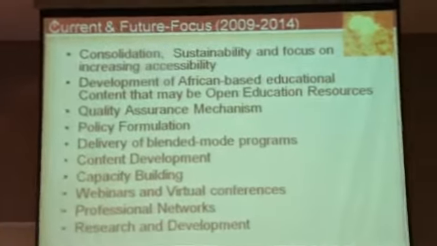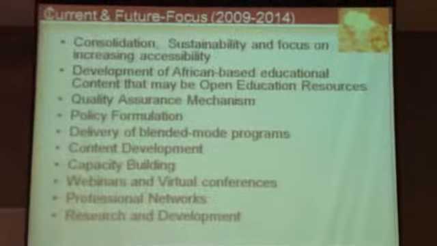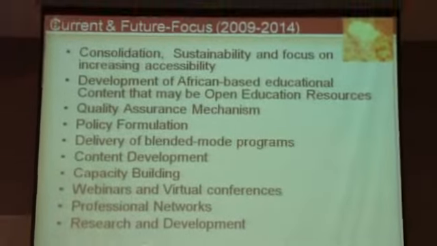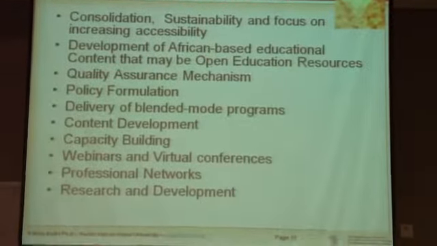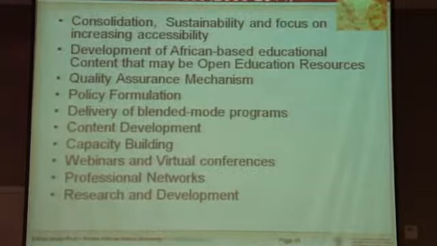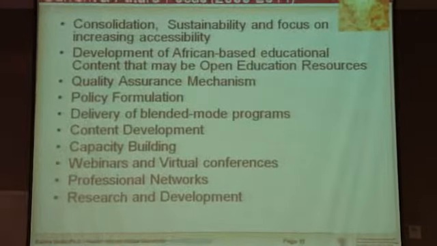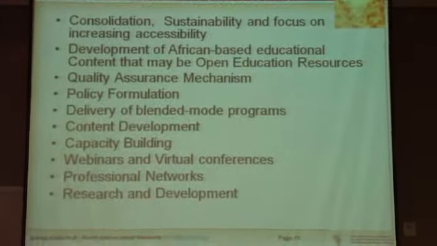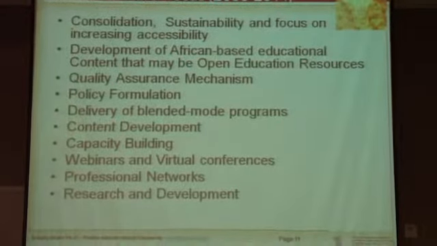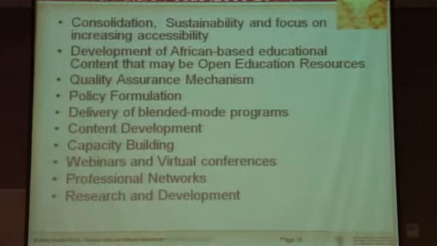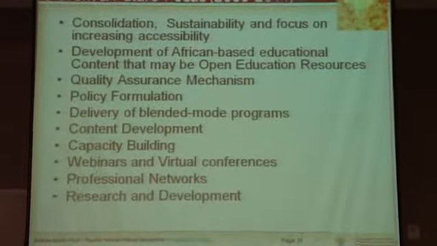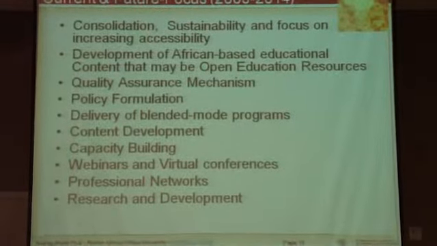This is the first challenge. The second challenge is sustainability. If the World Bank creates a project, they put a lot of money in it. Now, how to make ABU a workable and sustainable organization, not depending only on donor funding. That is another challenge.